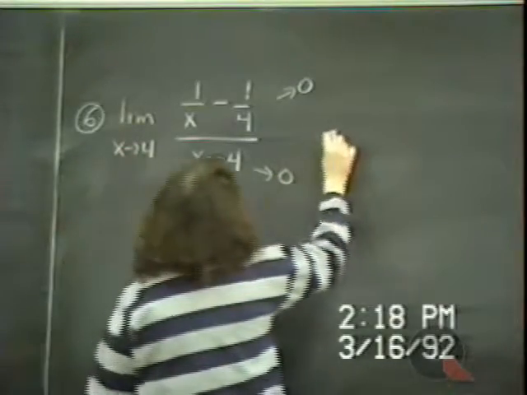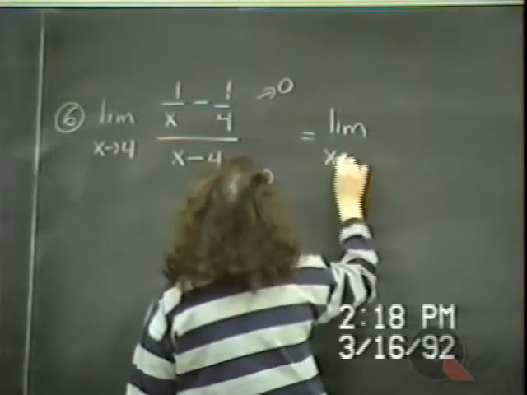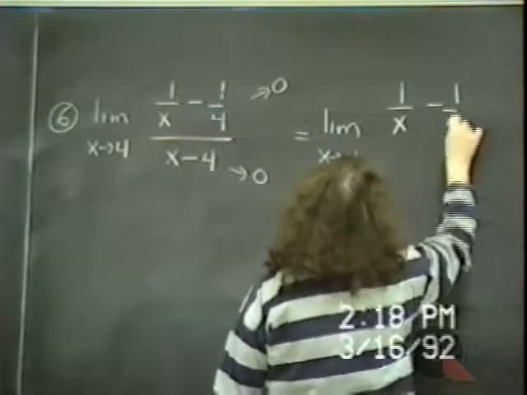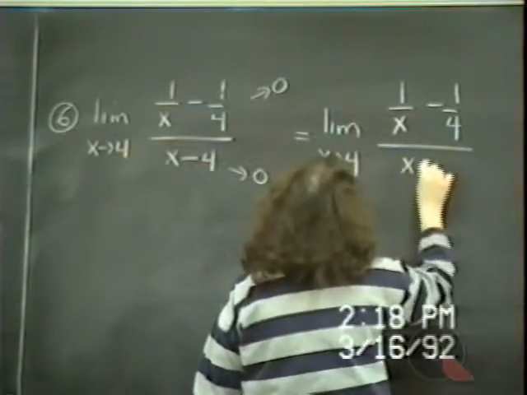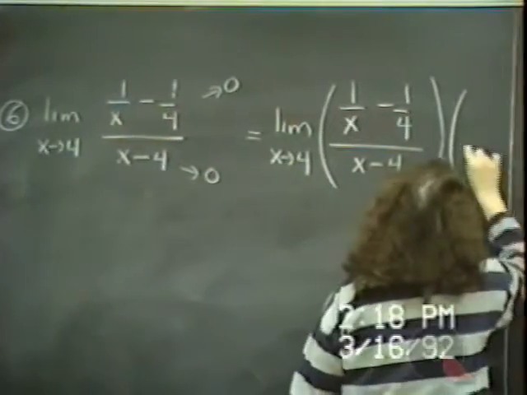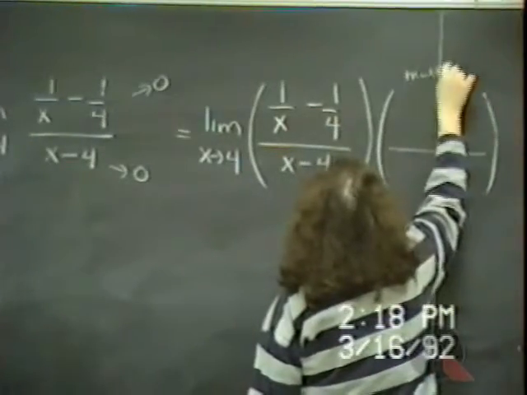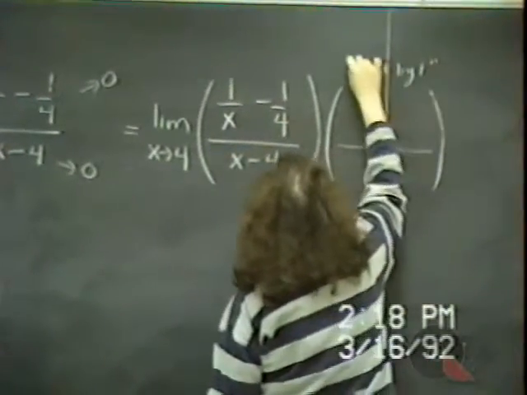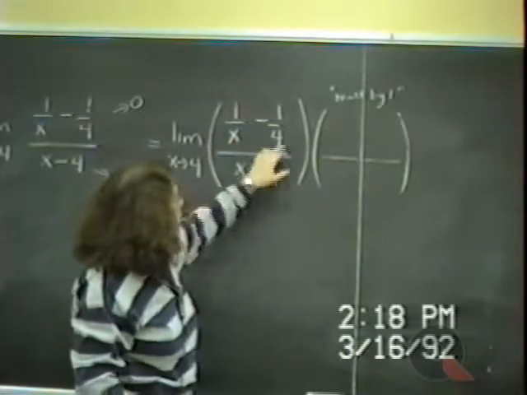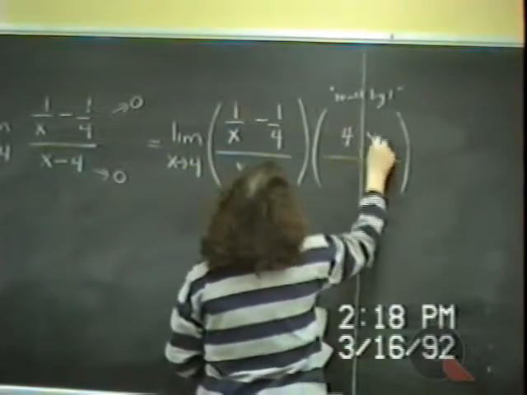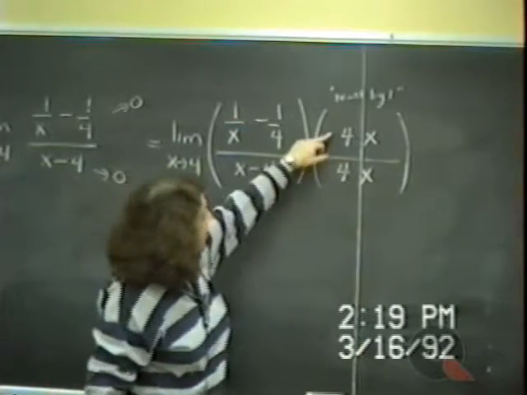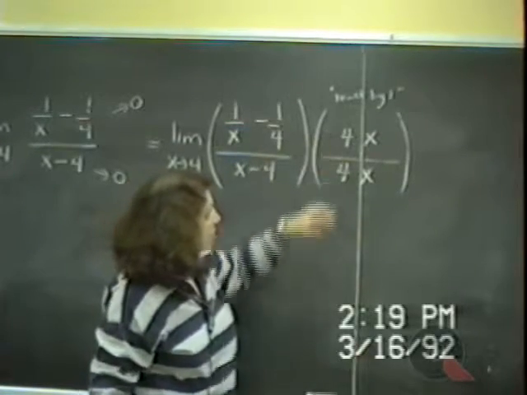Okay, once again, we're going to fall back on our idea of multiplying by 1 to modify the form of the function. And when we multiply by 1, this time we're going to multiply by 1 in the form 4x over 4x, the product of the denominators we're using here, 4 times x.